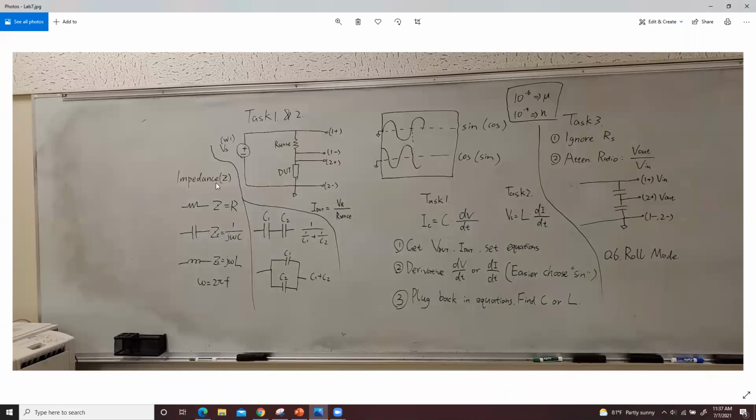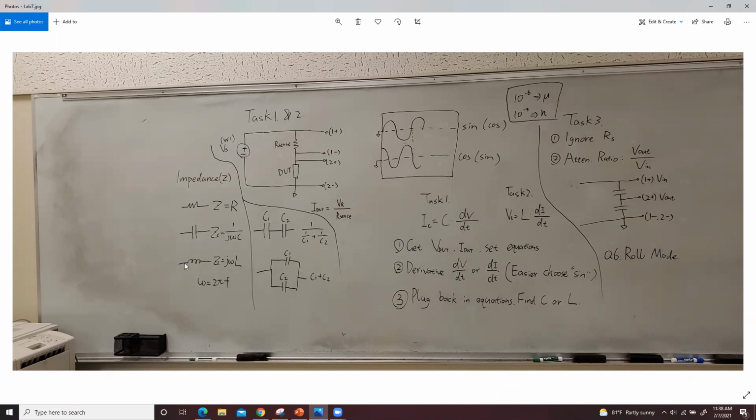When we talk about impedance, we use the letter Z to represent it. The impedance is kind of like a resistance. For example, the impedance of a resistor is just equal to its resistance, and the impedance of a capacitor is 1 over J omega C, where J is the imaginary number.